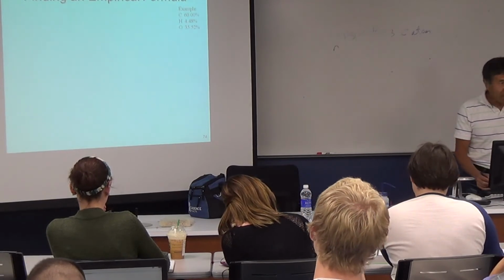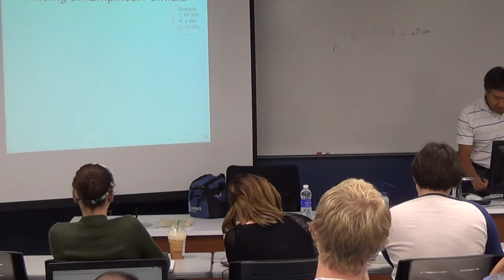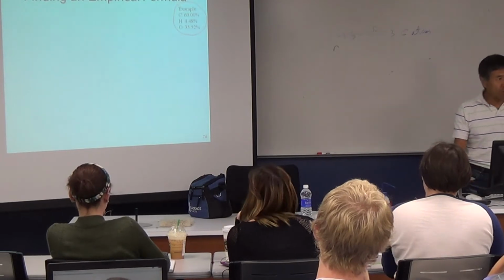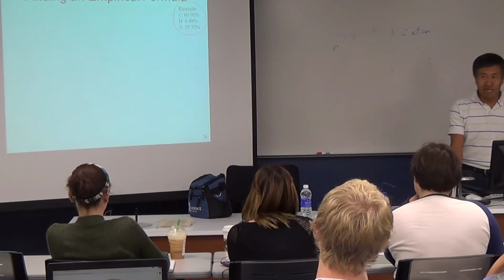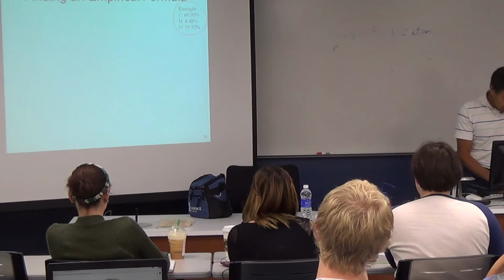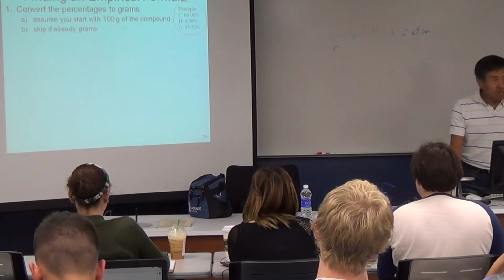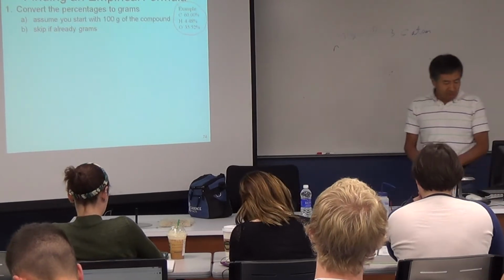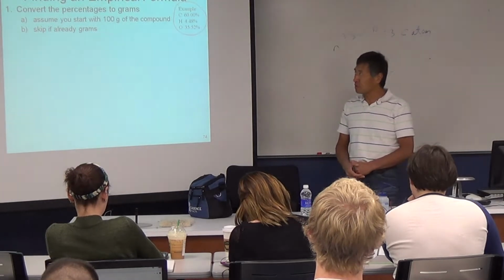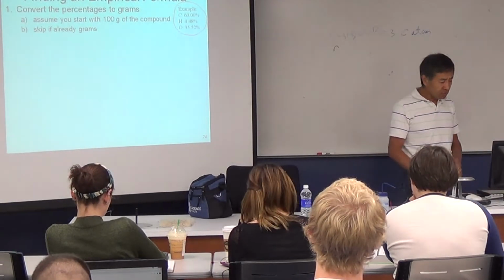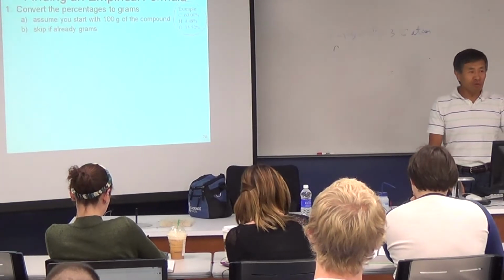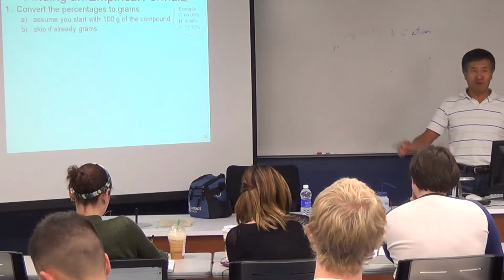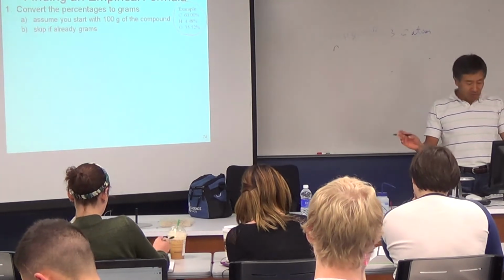So if I give you information like in this particular example, not moles, not grams, but the mass percent of each element, you start with this step: convert the percent information into grams. As I said before, if you already have the moles, obviously you skip all the steps. If you have the grams, you skip this step.